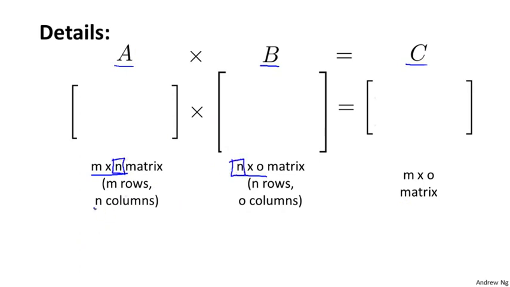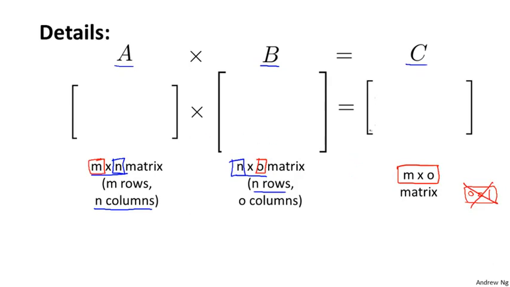So the number of columns in the first matrix must equal the number of rows in the second matrix. The result of this product will be an m by o matrix, like the matrix C here. In the previous video, everything we did corresponded to the special case of o being equal to 1, that is, the case of B being a vector. But now we're going to deal with values of o larger than 1.